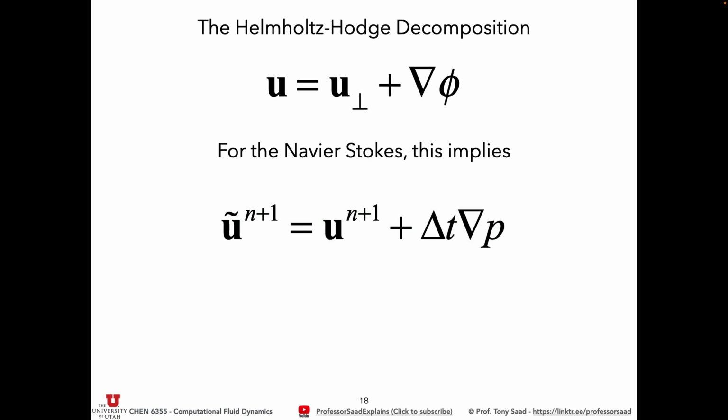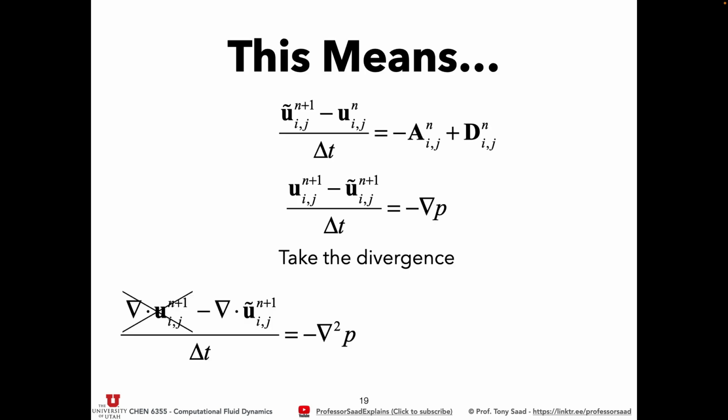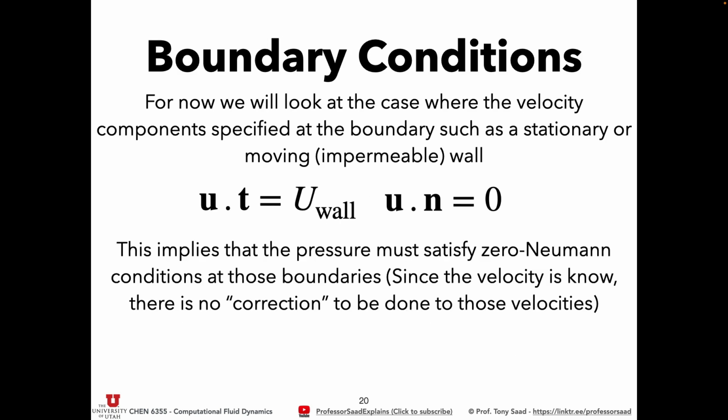So this must be 0 by definition at a boundary where you know the velocity. And this will imply that u tilde and u are the same. We're not going to care about that because we'll only implement boundary conditions on u. So for velocity specified boundaries, it always implies that the Neumann boundary condition on the pressure is 0 at all wall boundaries.